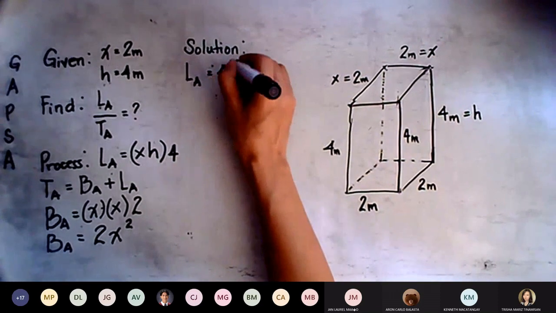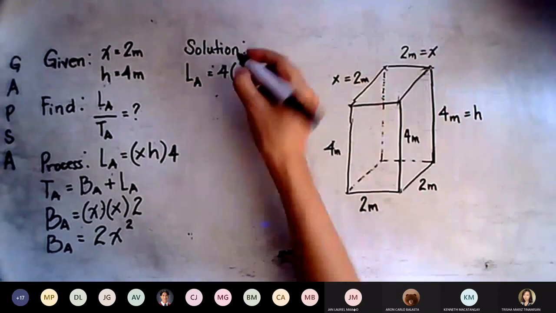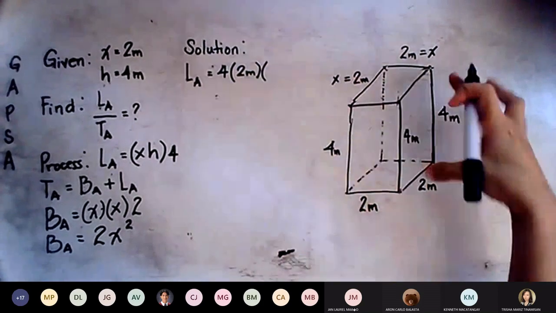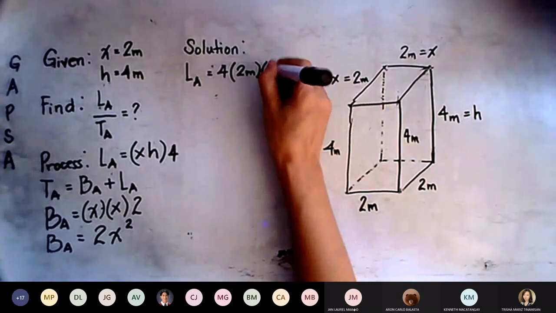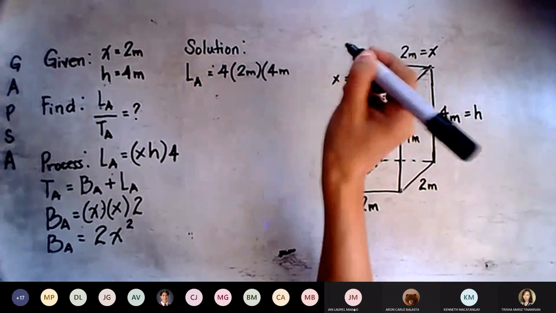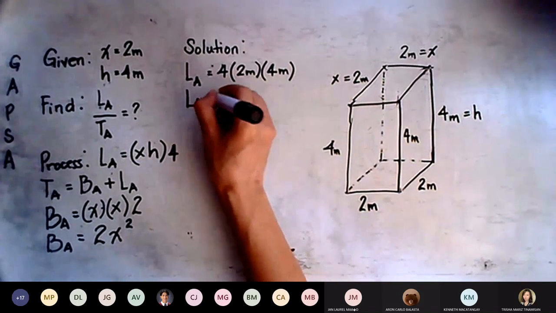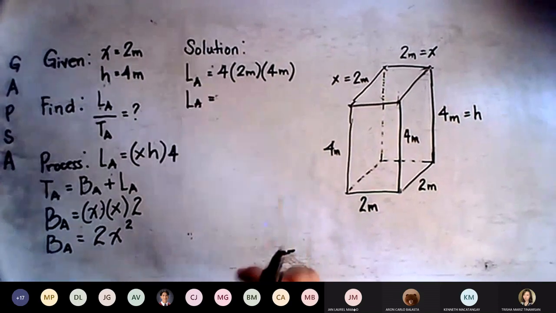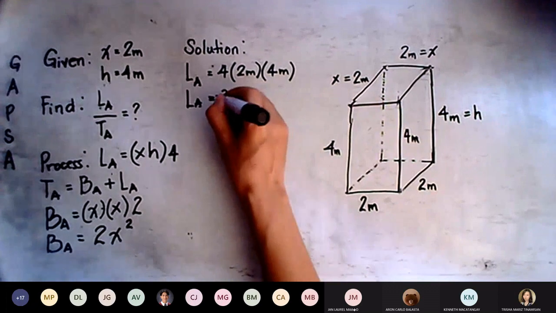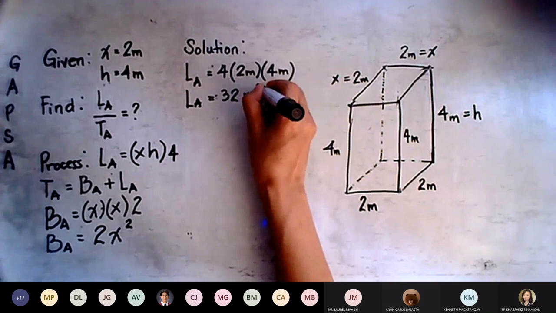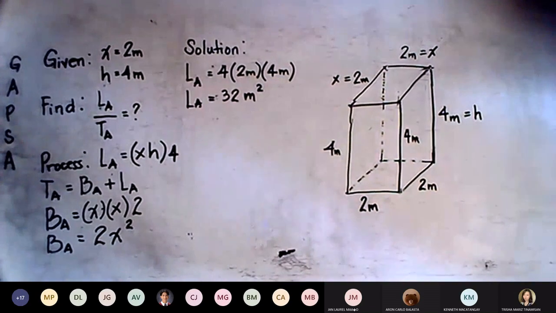We have 4 times x, which is 2 meters, times h, which is 4 meters. So the lateral area is 4 times 4, 16, times 2, 32 square meters.